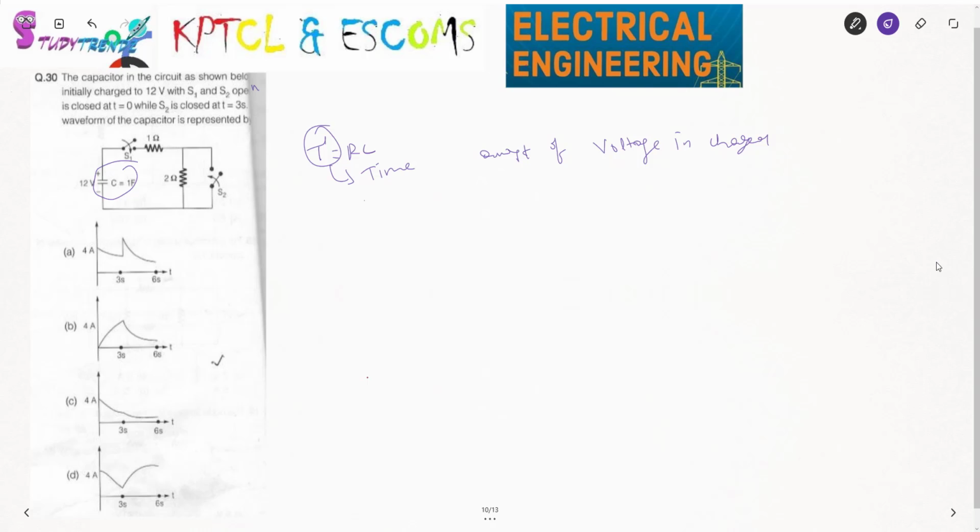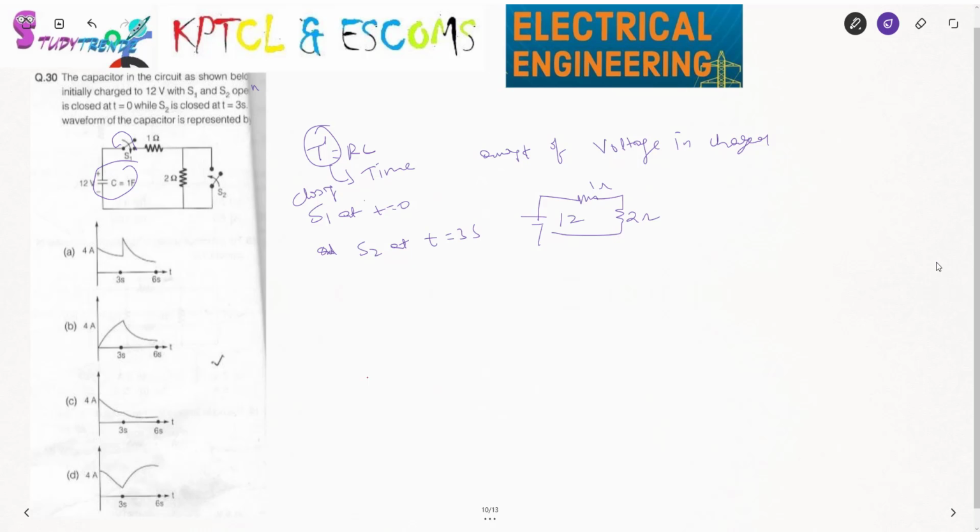They are closing S1 at t is equal to 0 and S2 at t is equal to 3 seconds, right? When S1 is closed at t is equal to 0, the circuit becomes like this: 12 volt is there, 1 ohm, 2 ohm, right?